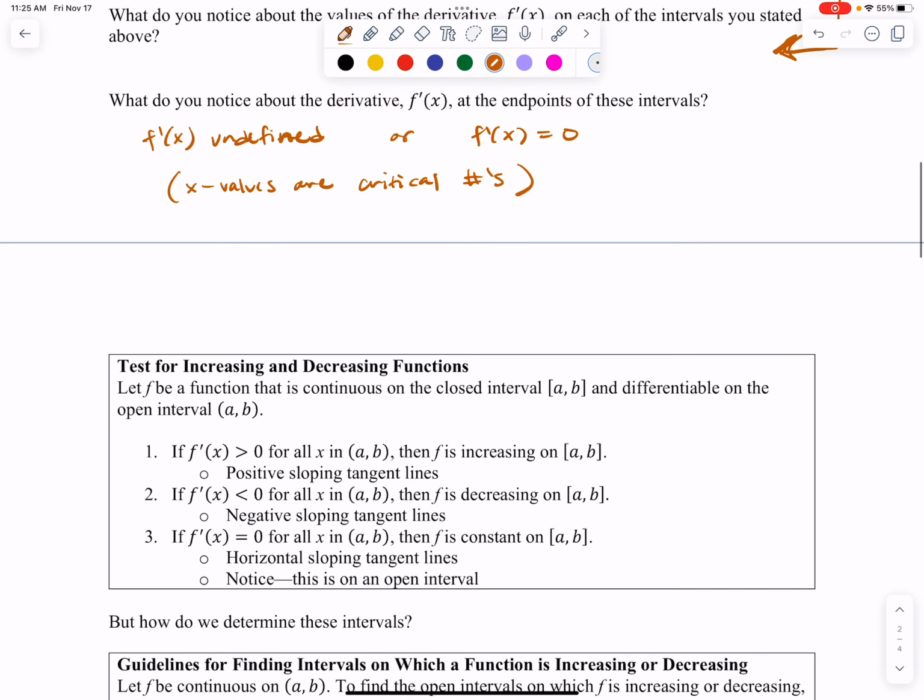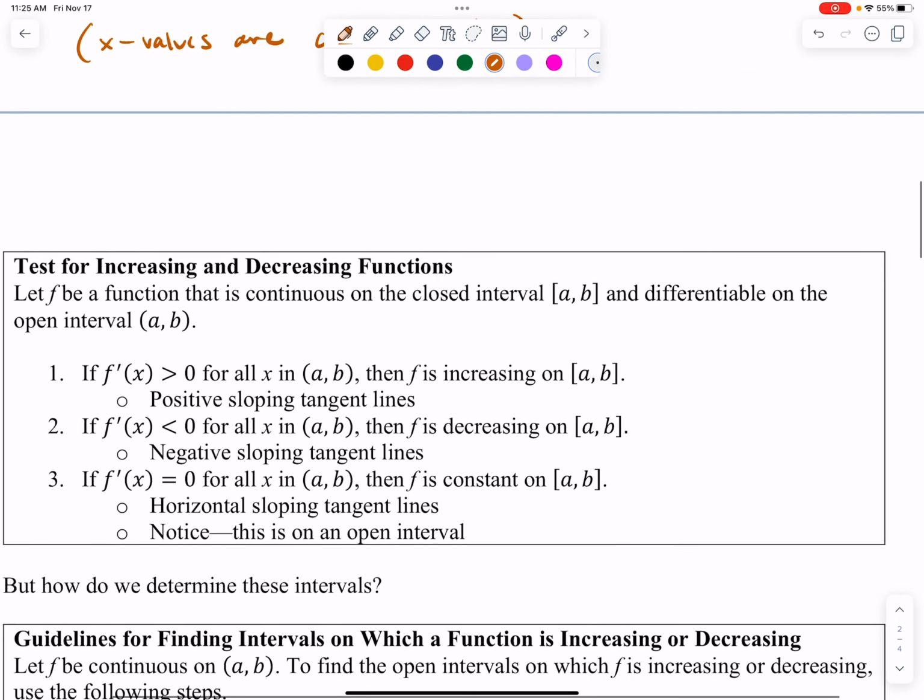Okay. So based on this exploration, we can see that the derivative of a function would be greater than 0 whenever the function is increasing. The derivative would be less than 0 whenever the function is decreasing, or the derivative would be equal to 0 when the function is constant. And we are allowed to say increasing on the closed interval as long as the function is continuous on the closed interval.